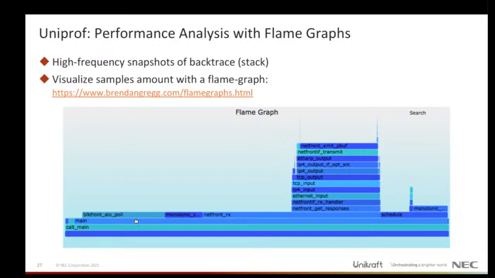And you can visualize those samples with a flame graph, which some years ago became a bit more popular through Brendan Gregg. It is a really nice way to understand which functions take a significant amount of time on your CPU, and they quickly point out where you should optimize something.